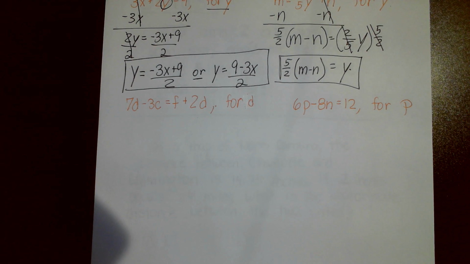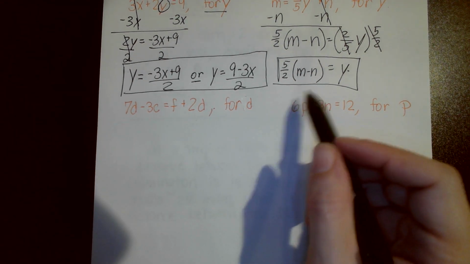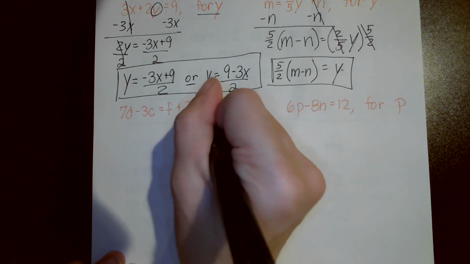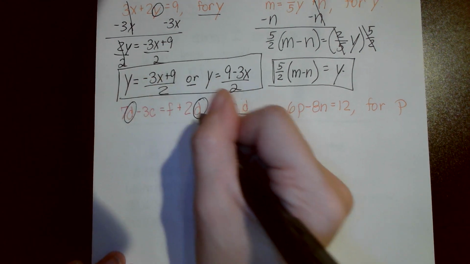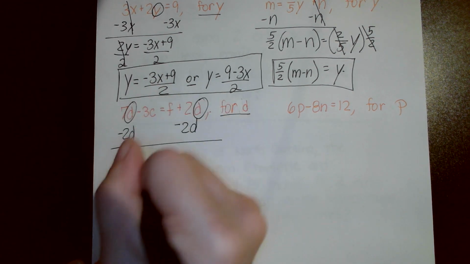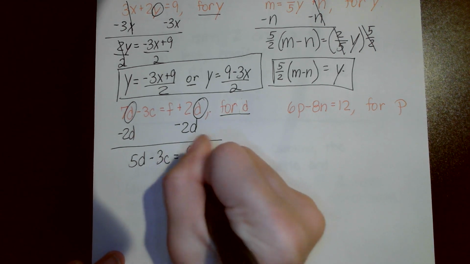Remember, you can't just throw away pieces of an equation, all right? It's like in science. The law of matter states that matter can neither be created nor destroyed. So same for pieces of an equation. Unless you use an inverse operation, it doesn't just disappear. So here we're going to solve for d. Well, this time I have d on both sides. So first I want to get those together. So 5d minus 3c equals f.